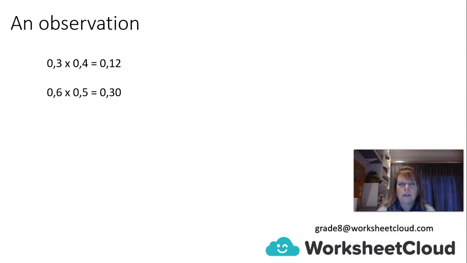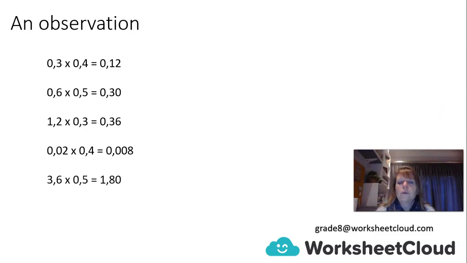We could just write down the 0,3, but I want the 0 to be there because I want to show you something just now. 1,2 times 0,3 is equal to 0,36. We worked that out. 0,02 times 0,4 was 0,008. Are you having a look at the correlation between the number sentence and the answer? The next one, 3,6 times 0,5 was 1,80.